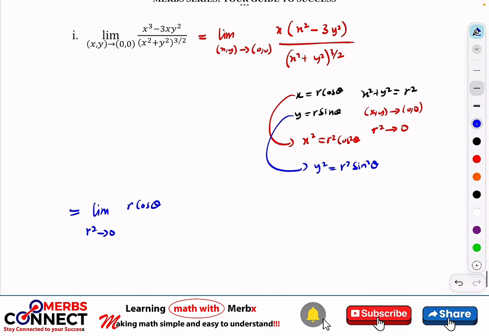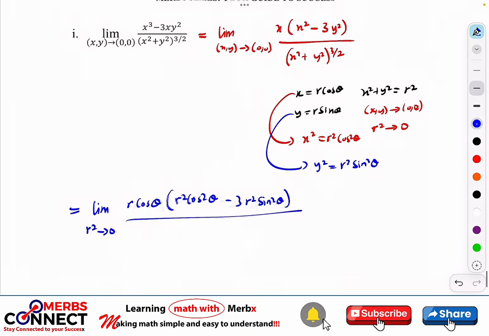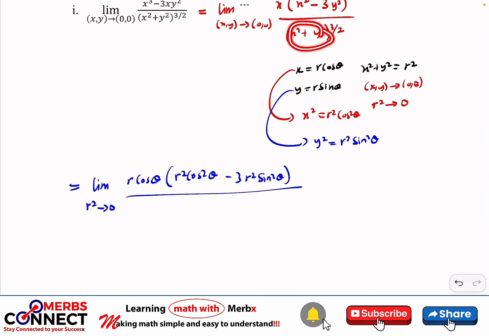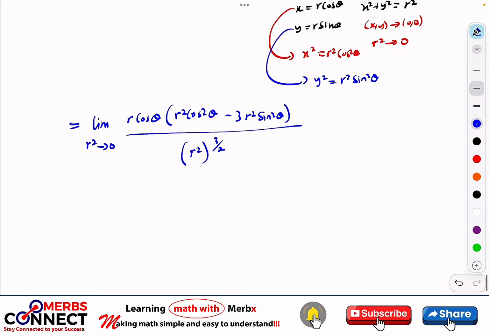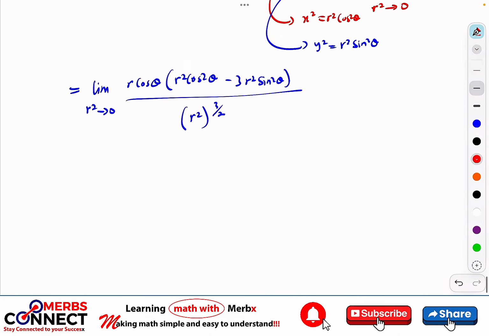And then in the parentheses, we have x squared, which is r squared cos squared theta, minus 3 times y squared, which is r squared sine squared theta, all divided by x squared plus y squared, which is going to give us r squared to the power 3 over 2. Let's try and simplify this before we think about u.